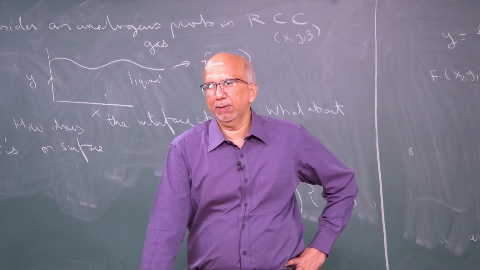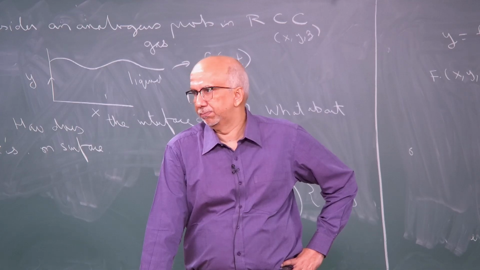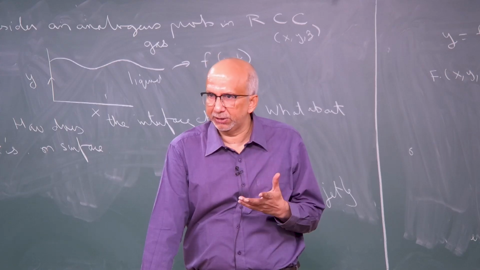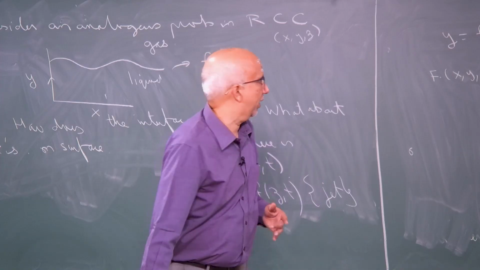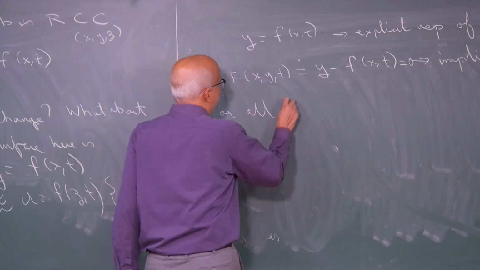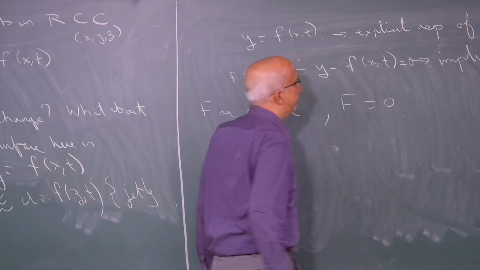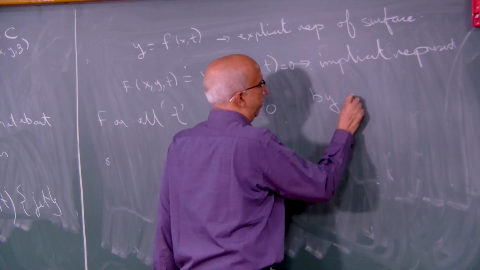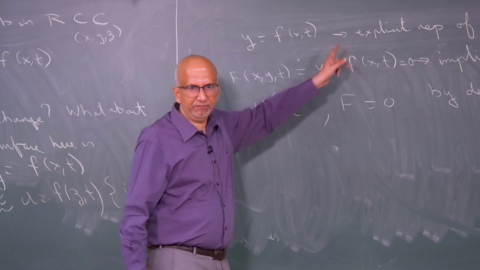The way I have defined capital F, it is going to be 0 for all times t. On the surface, capital F will always be 0 because I have defined it as y equal to small f of x comma t. It does not matter, f can be different. For all t, capital F is 0, by definition, because capital F is y minus f, and the surface is y equal to f.